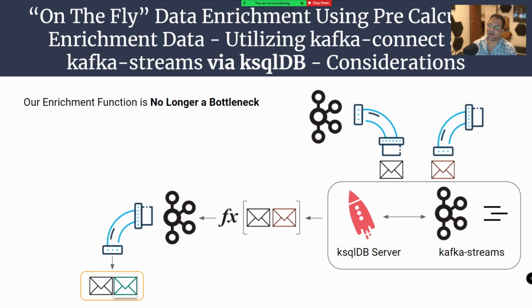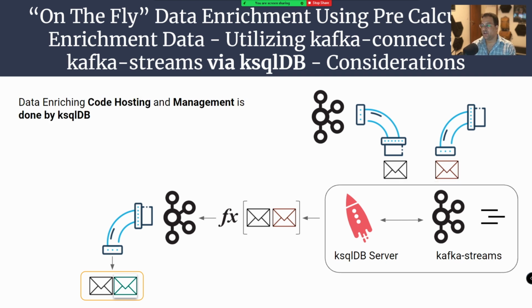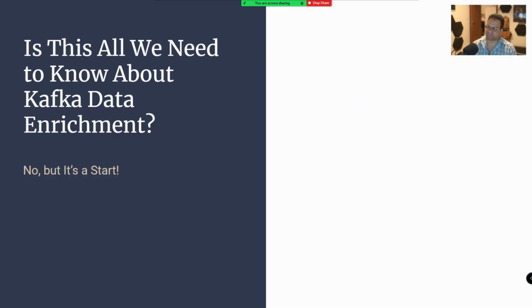We noticed that our enrichment function does no longer pose a bottleneck, just like the previous attempt. And new to this attempt is that our data enriching, code hosting, and management was done by KSQLDB. We now outsourced the task of managing our Kafka Streams application's code.